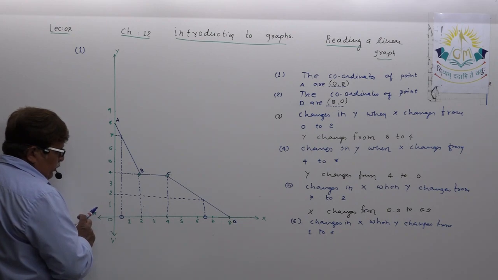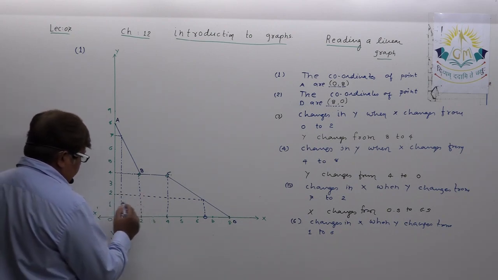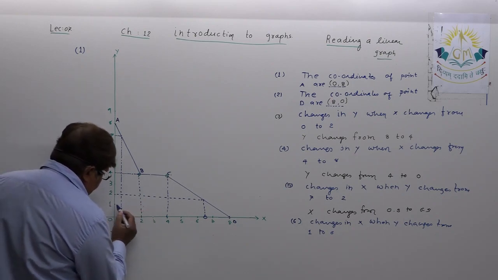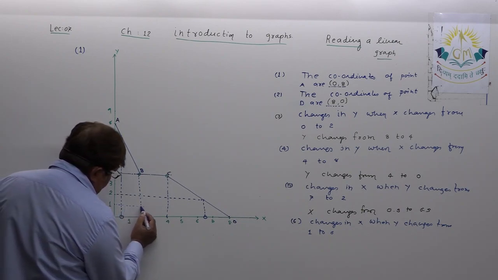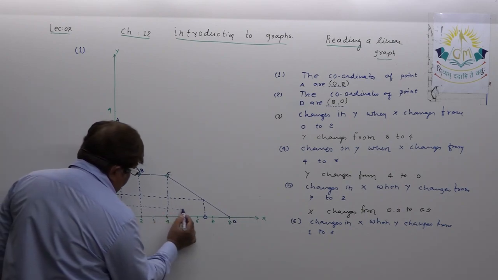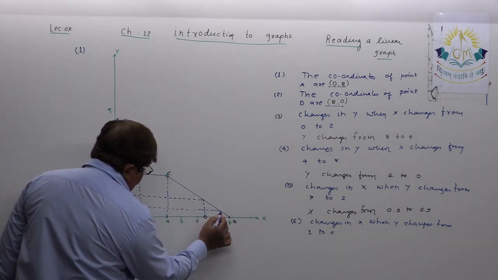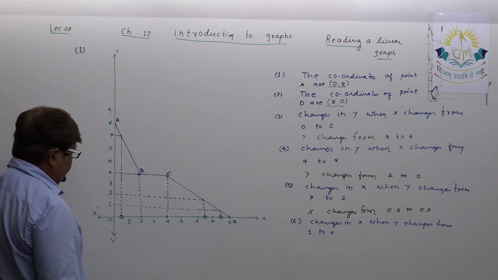When y is 1, what is the value of x? So first you have to draw a dotted line to meet the graph. Suppose I get, with the x-axis, around 7.6.